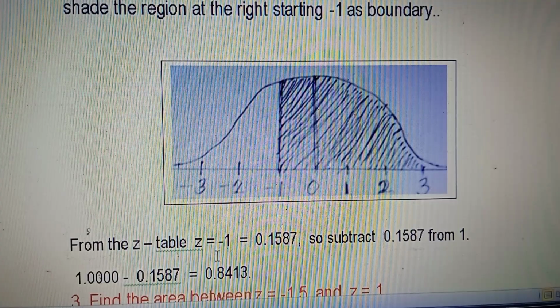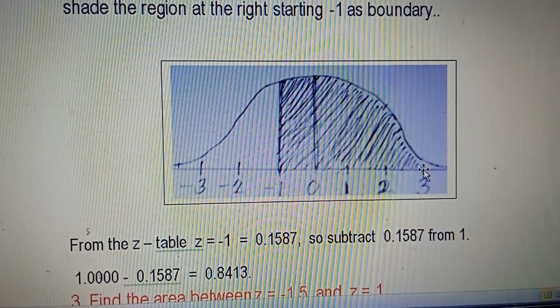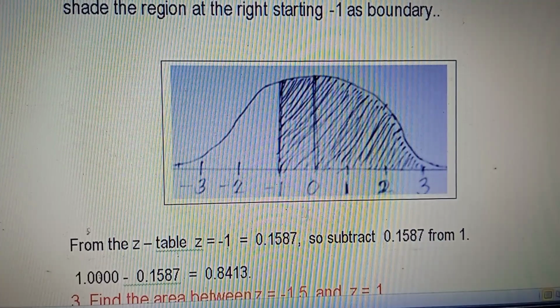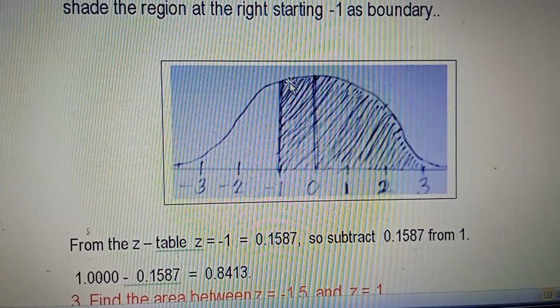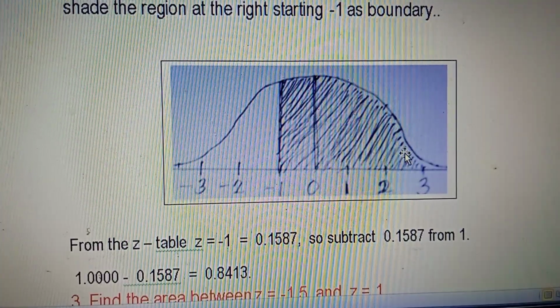Okay. So from the z table again, z equals negative 1 has an area of 0.1587. Since the total area under the normal curve is 1, we subtract the area here from 1 so that we get this area.